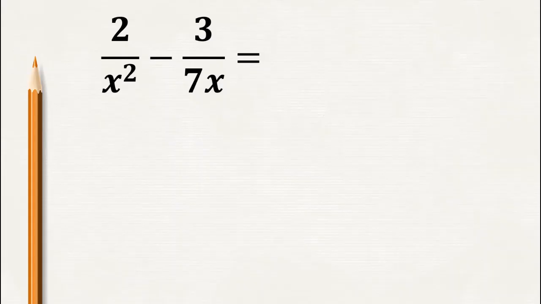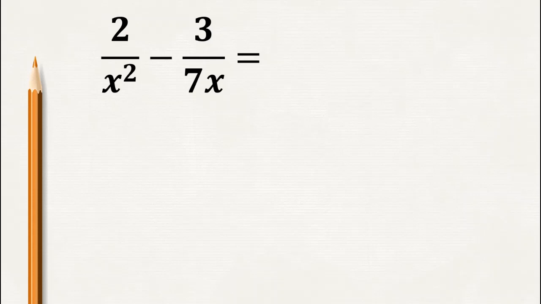Next given, we have 2 over x squared minus 3 over 7x. To get the LCD, the factors that appear in the denominators are 7 and x. List each factor with its highest power.